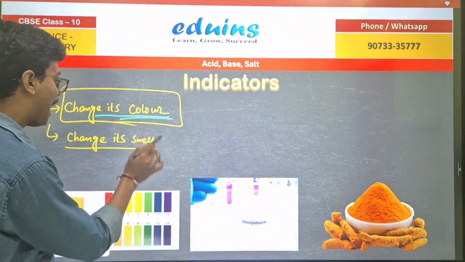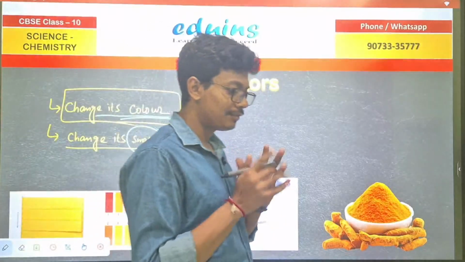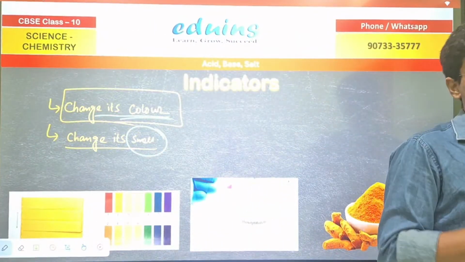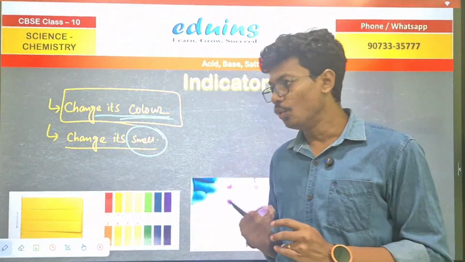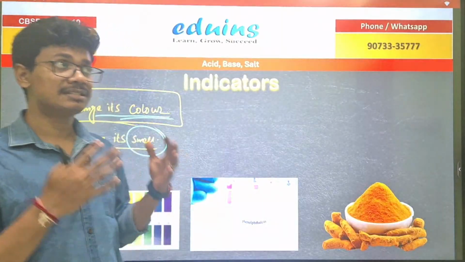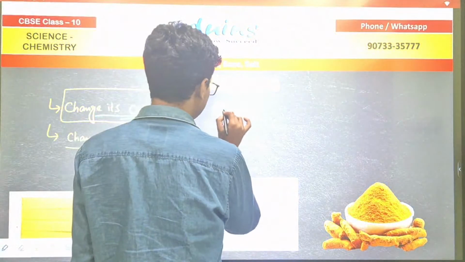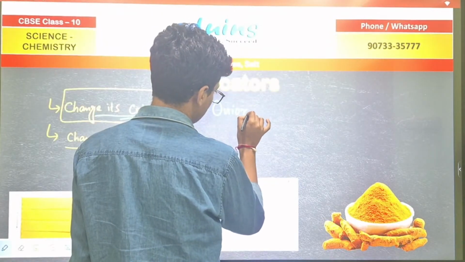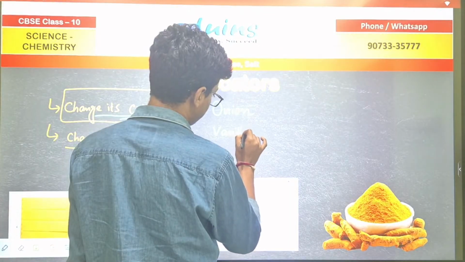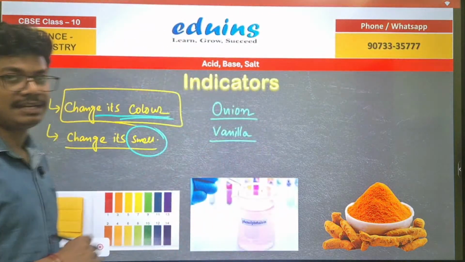But what about changing the smell? There are mainly two ingredients. We already know these names. One of them is onion and another one is vanilla.